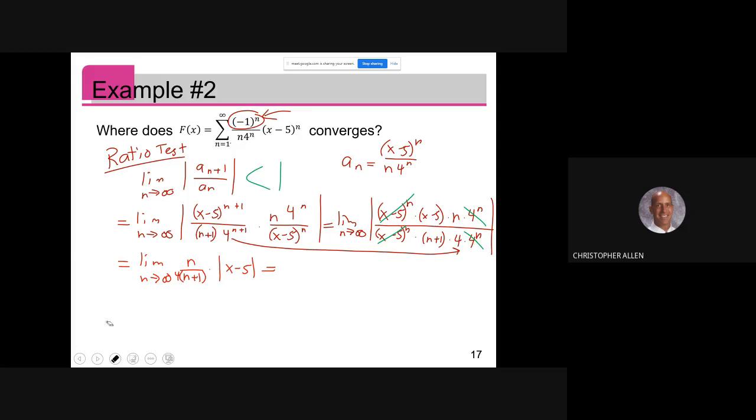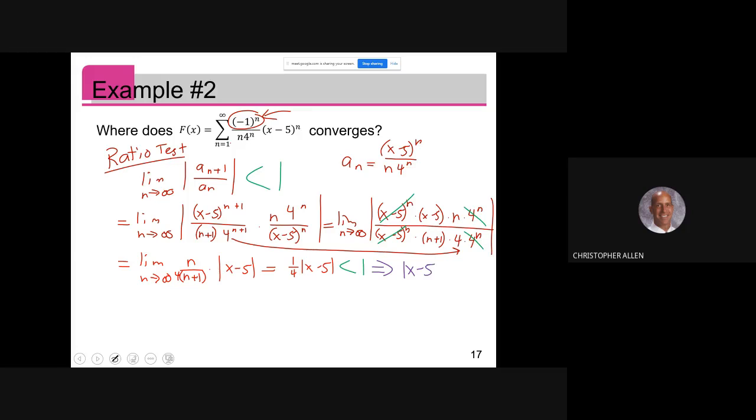In other words, this is going to be 1/4 absolute value of x minus 5, and we want that to be less than 0, correct? Oh, I'm sorry, not less than 0, less than 1, right, Jack? Yeah. We're going to put that on here. Less than 1. And now, this is the big thing right here.